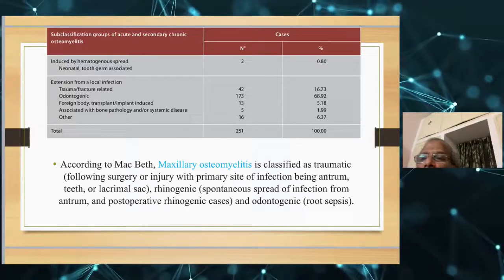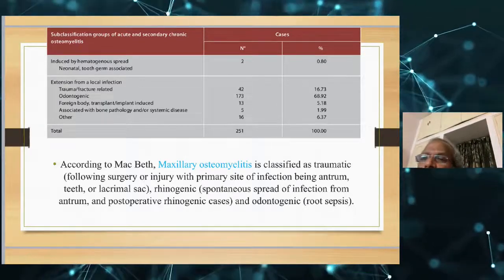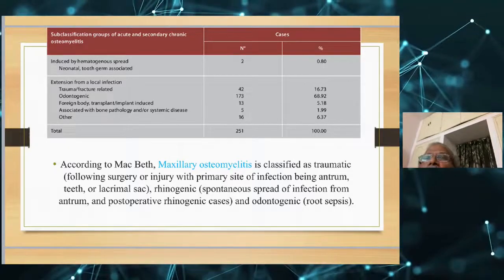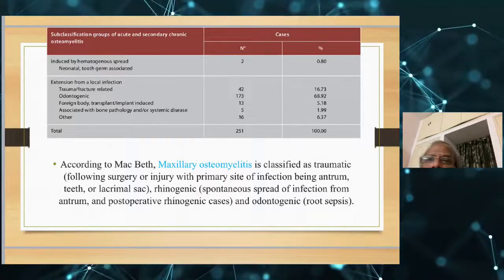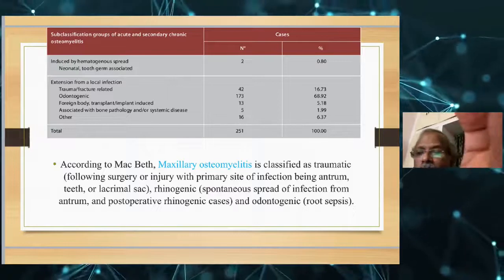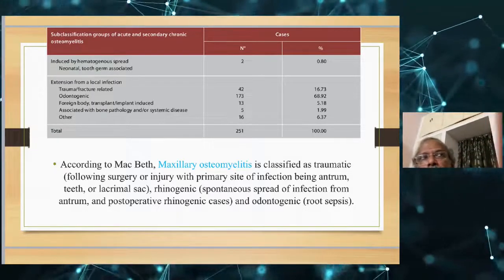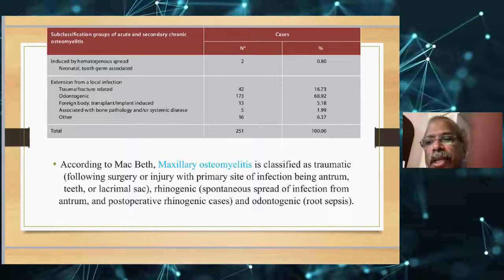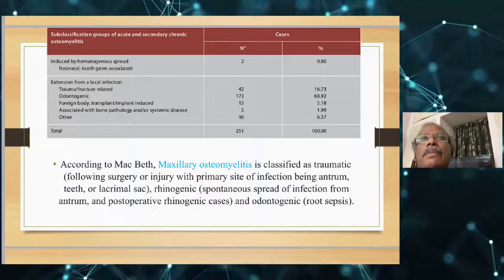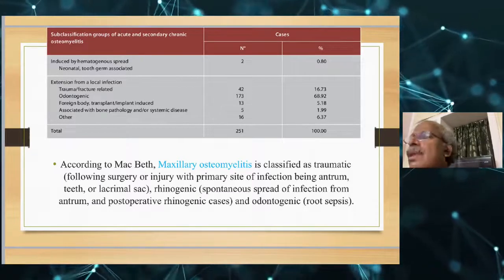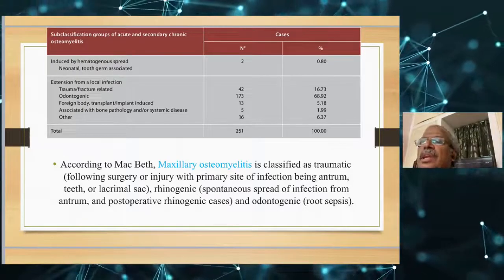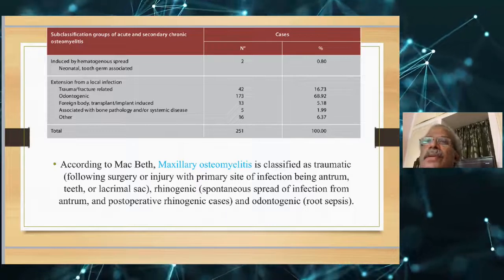It can be because of trauma or infection from other areas, spreading into the entire maxilla, the zygoma, and the rest of the palate. So it is very important to understand that the pathology of maxilla and sinus osteomyelitis is completely different from what normally happens in the mandible. In the mandible, 90% are odontogenic, and 10% are because of trauma and other things. But in the maxilla, it is totally different.